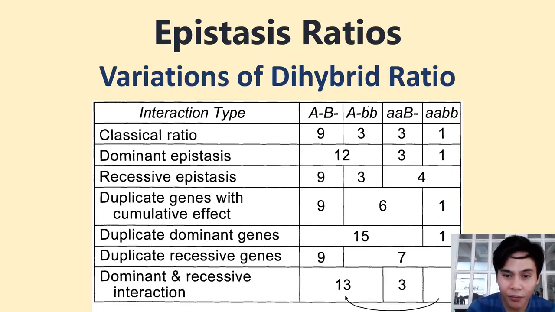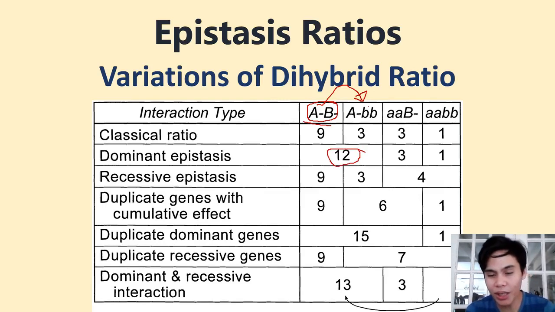Again, if you have one dominant allele and it expresses so that this one will not express as A, small b, it expresses the same as this one, you have what we call dominant epistasis. Again, you just put together the things that would end up expressing in the same way. Since this will express the same as this, you have 9 plus 3, you get 12.